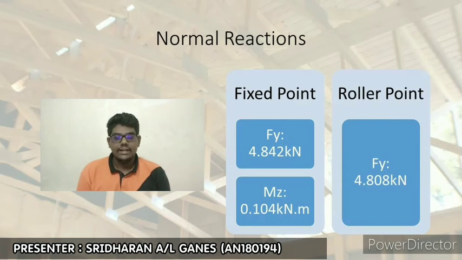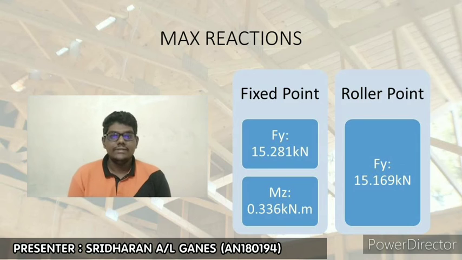For the roof truss that we analyzed, the fixed point experienced positive 4.842 kN of vertical force and positive 0.104 kN of moment, whereas the roller point faces positive 4.808 kN of vertical force. For the maximum reaction of our truss, the fixed point faces positive 15.281 kN of force and 0.336 kN of clockwise moment, whereas the roller point faces positive 15.169 kN force.